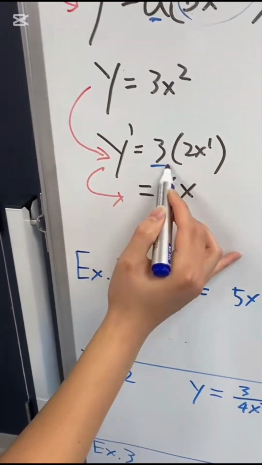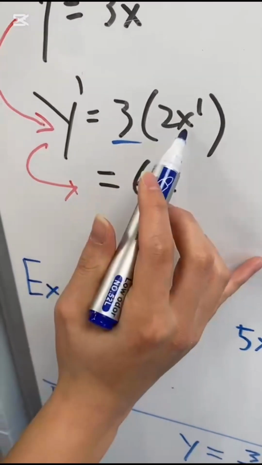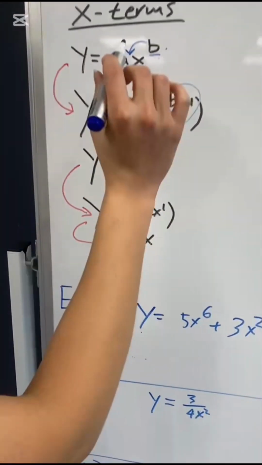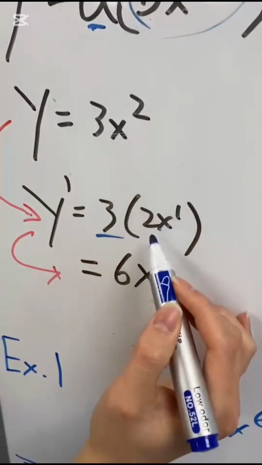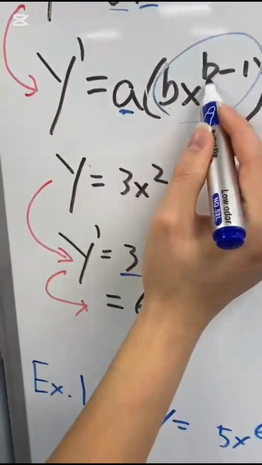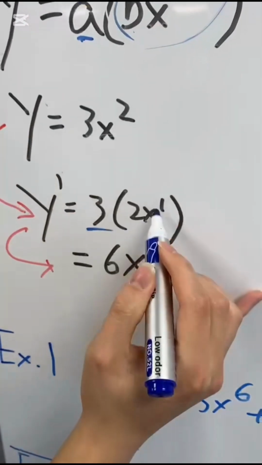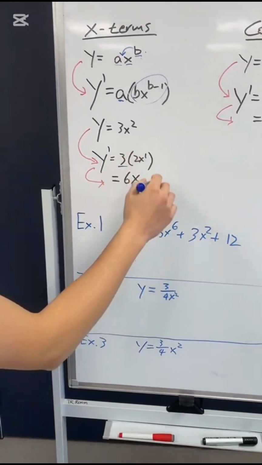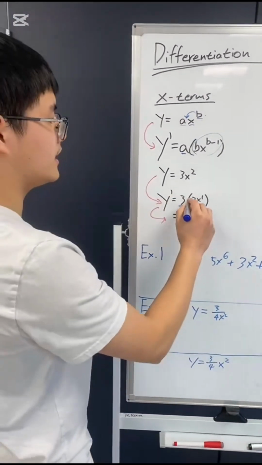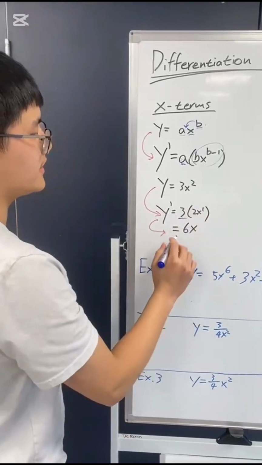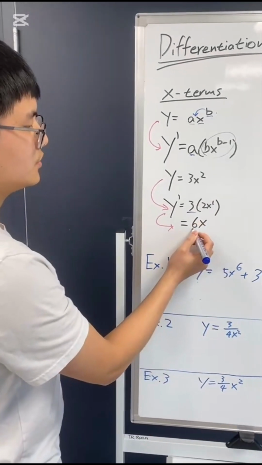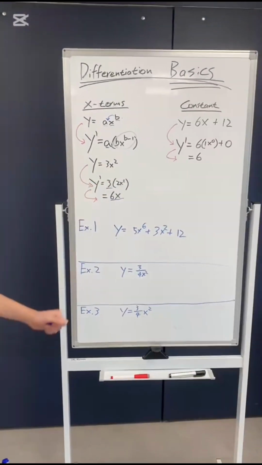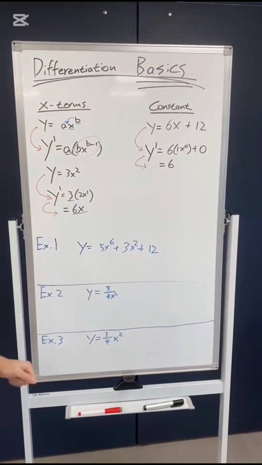So 3 outside of the bracket, and in the bracket we do exactly what I talked about before. You bring the 2 down in front of the x, and 2 minus 1. 2 minus 1 is 1, so that'll be a 1. And now you just remove the bracket by 3 multiplied by 2x. And that is the resulting 6x from the original equation by using differentiation.